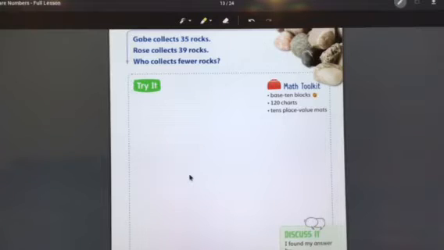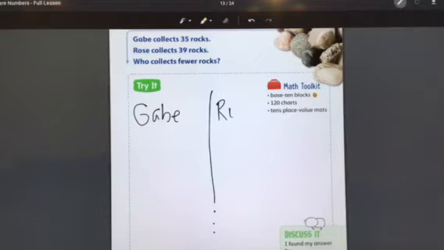To organize it, you're going to write the name Gabe here, then draw a line, and then write the name Rose over here. Now when you go back to read it, you're going to begin drawing. Gabe collects 35 rocks. In the number 35, you know that there are 3 tens and 5 ones.